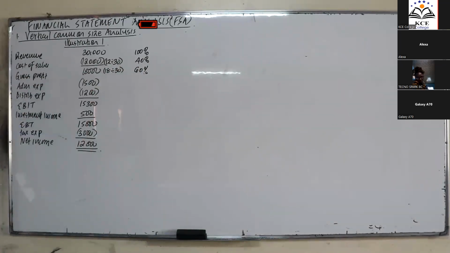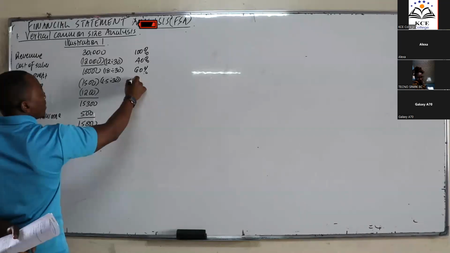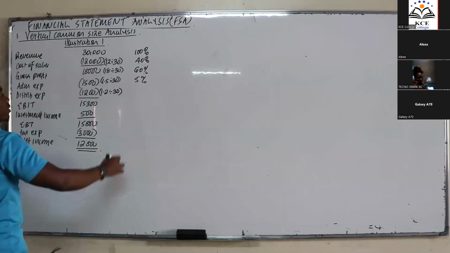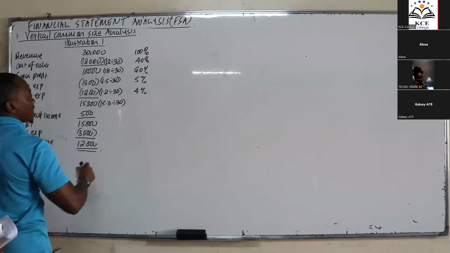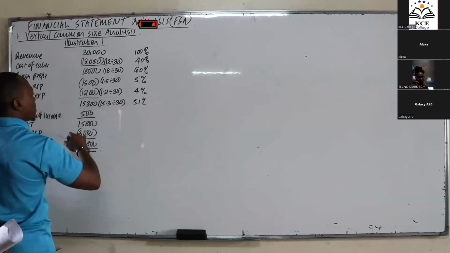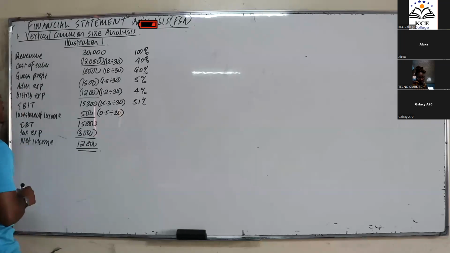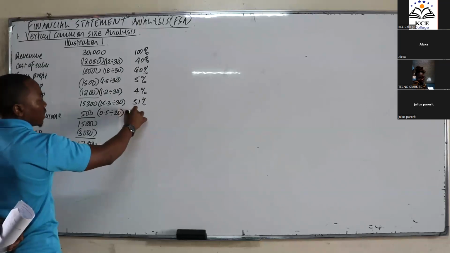What about admin expenses? You take 1.5, you divide by 30 times 100, you get 5%. You take 1.2, you divide by 30, you have 4%. 15.3 divided by 30, 51%. 0.5 divided by 30, 1.67%.